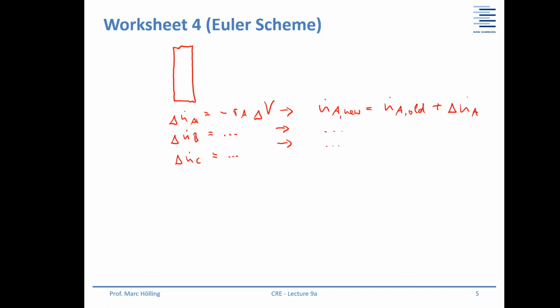Okay, but what's a little bit new here? We are talking about the mole flows and we can calculate them, so this is no problem. But for our reaction rate, we need the concentration.